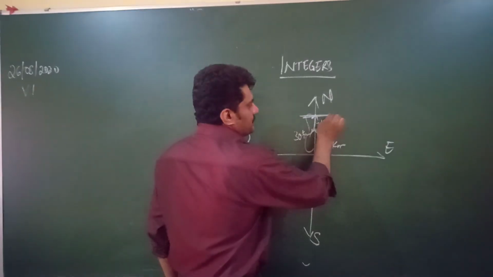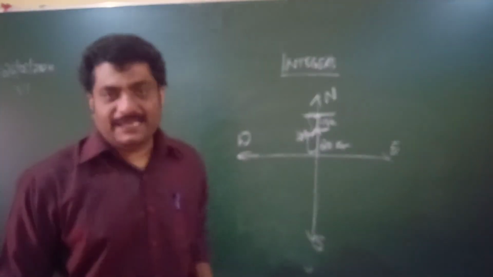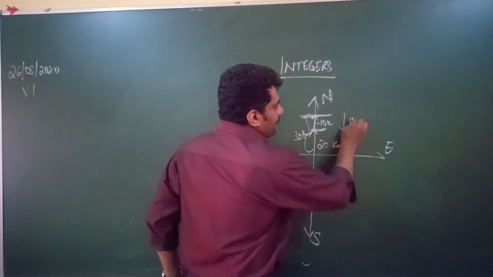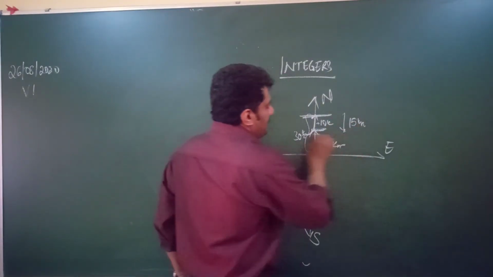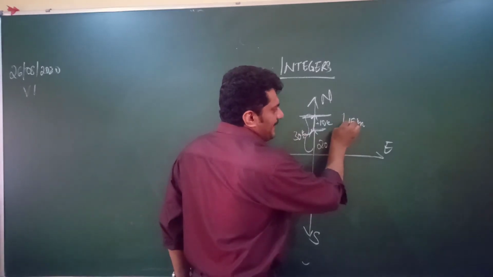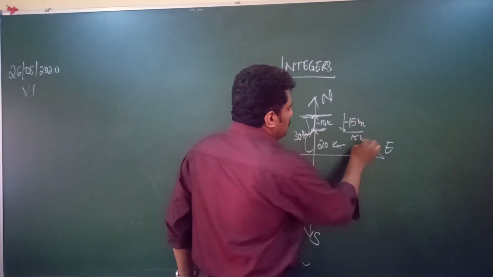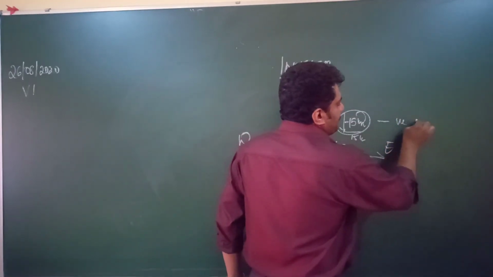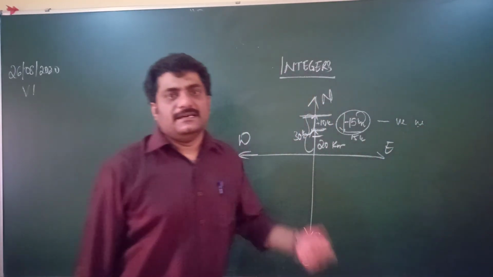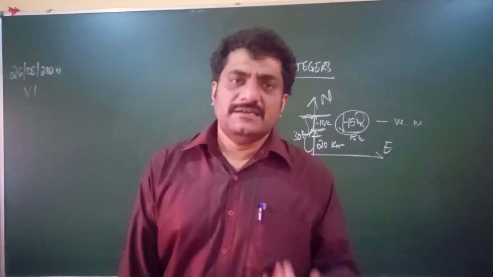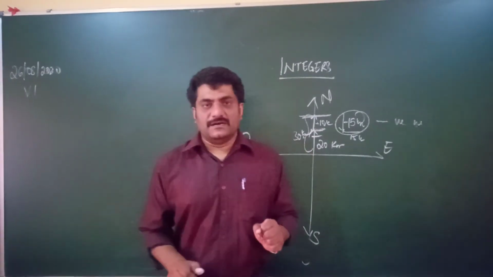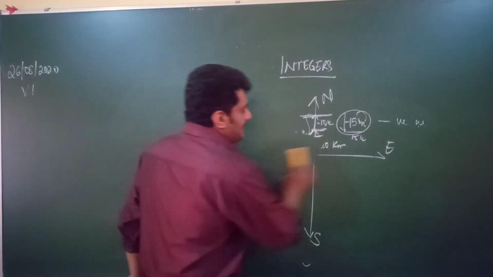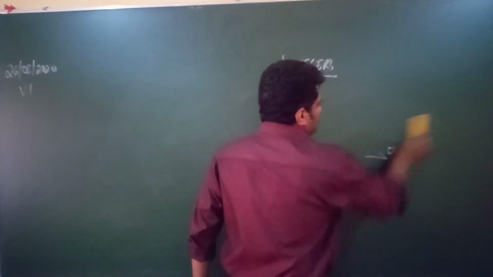Now from that place, you have to return. You come back 15 kilometers. From 30, you are subtracting 15, so you will come to 15. Again, these are negative numbers. We use them in our daily life, but we don't focus much. But still, all these negative numbers are as important as the positive numbers.